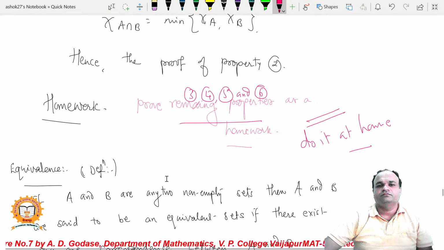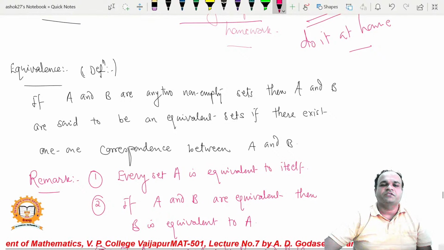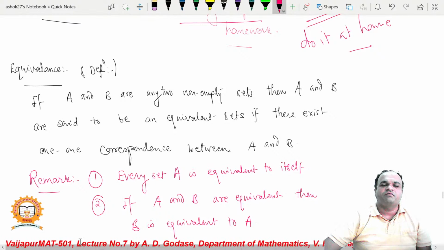So next definition, that is the definition of equivalence relation.